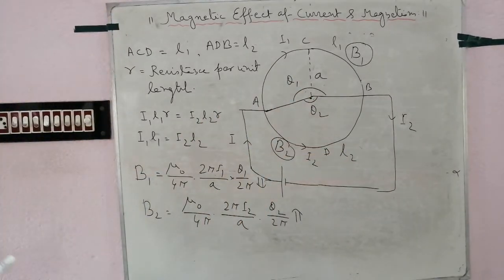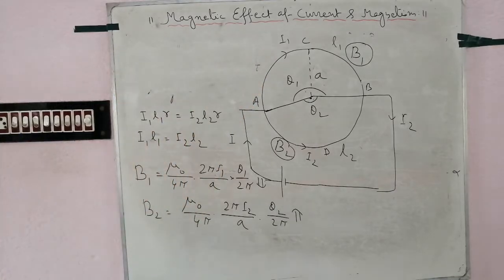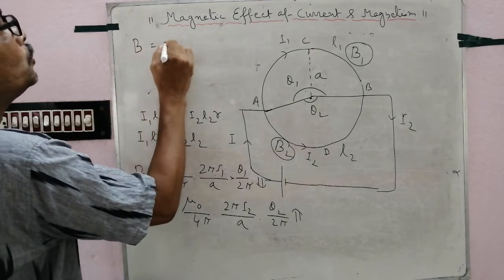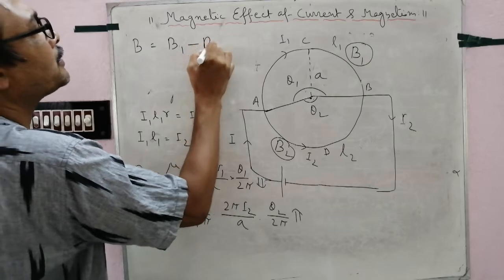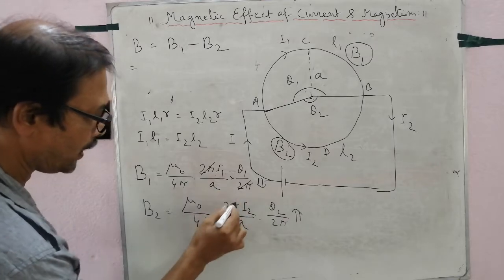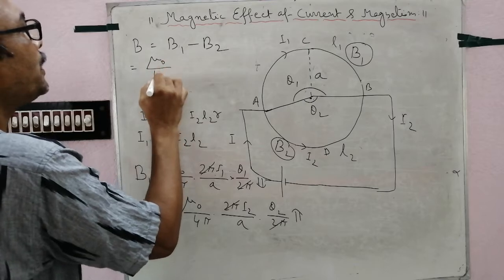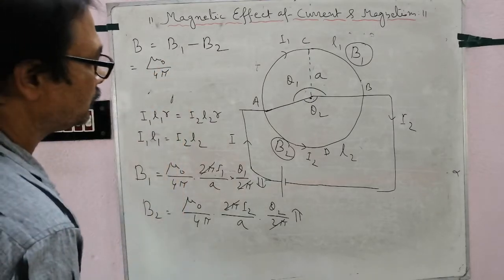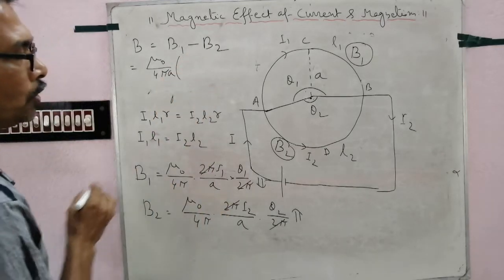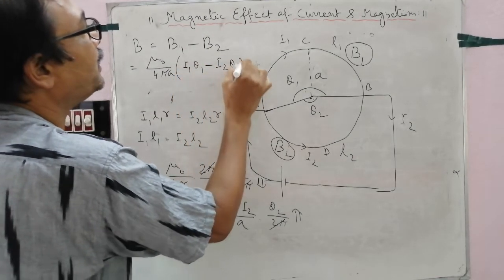So the resultant field B equals B1 minus B2, since they are in opposite directions, and the 2 pi factors cancel. So the result is mu naught by 4 pi, by A common, into I1 theta 1 minus I2 theta 2.